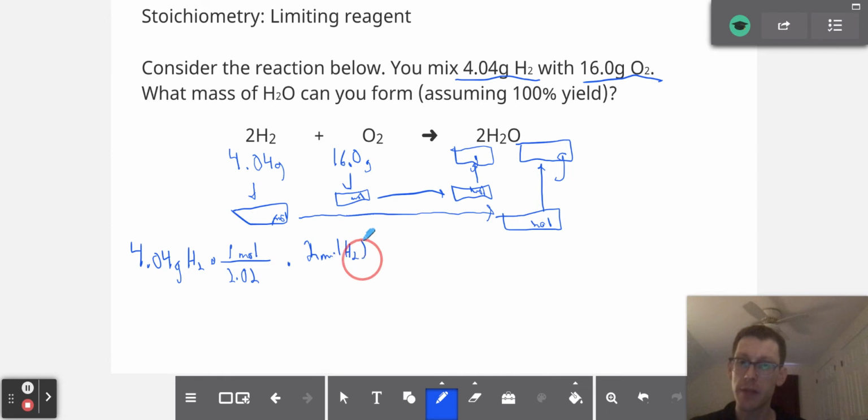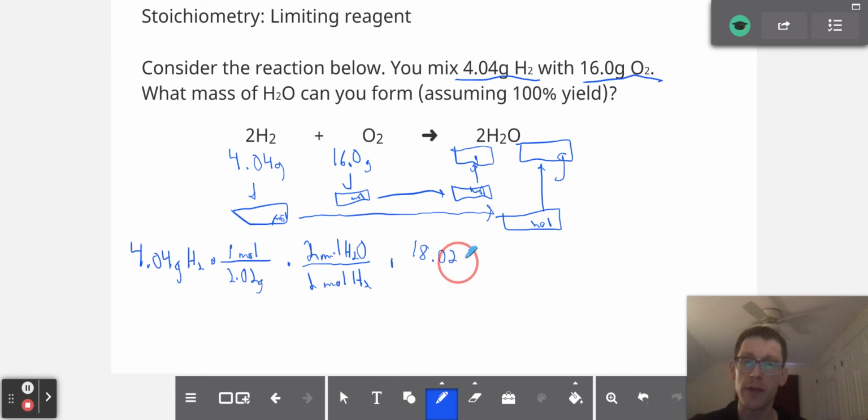So if H2 is limiting, what is the amount of H2O we could get? Just sort of plowing through this quickly. Sorry, that was 2.02 grams per mole of H2, just the atomic mass, times 2.